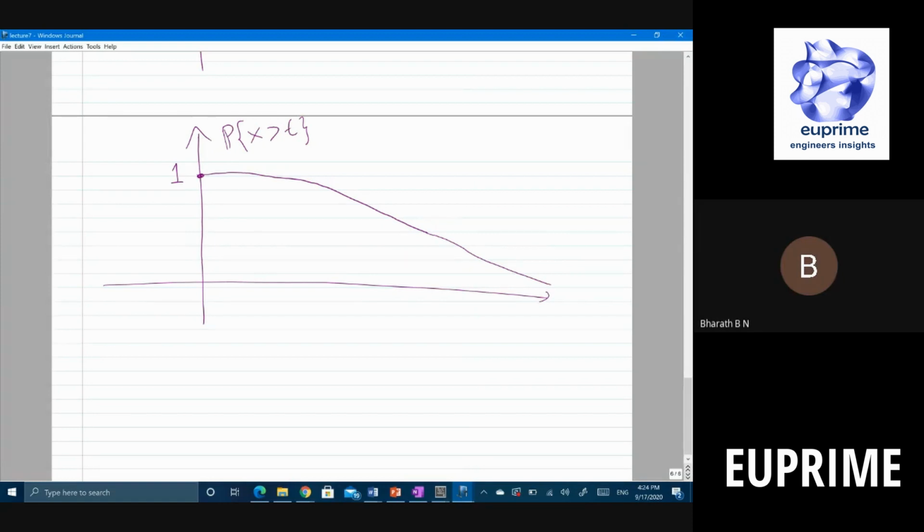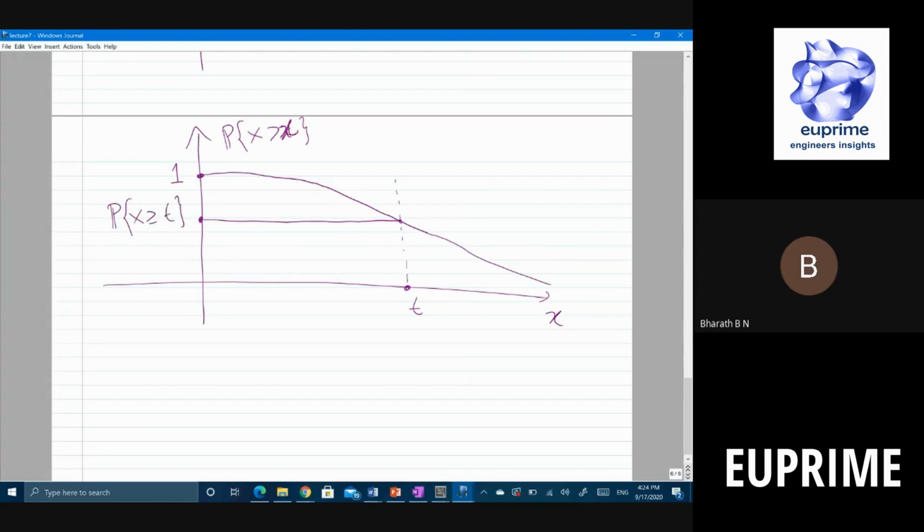Now, if I want to compute the probability of X greater than or equal to small x, let me call this x, and take t here. So the probability of X greater than or equal to t is this value, right?